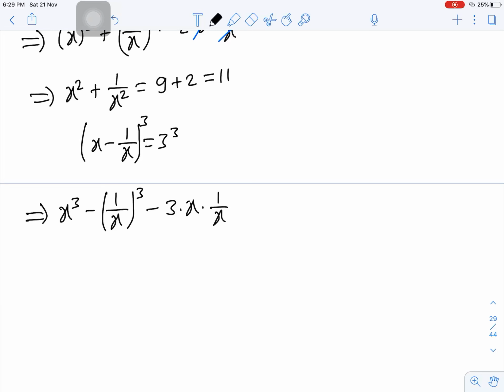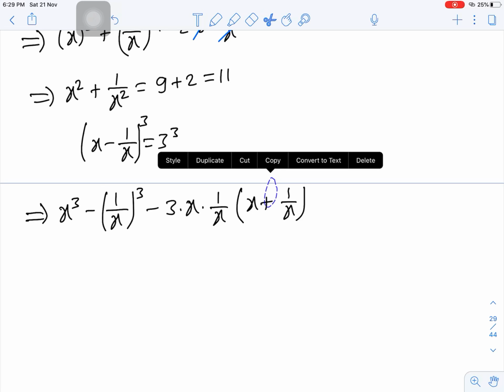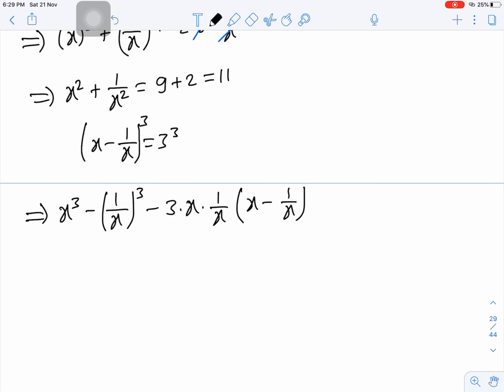The dot here represents multiplication, not a decimal, into the bracket a minus b. In fact, it is a minus b, not a plus b. So a minus b, that is x minus 1 by x, equal to 3 cube, that is 27.